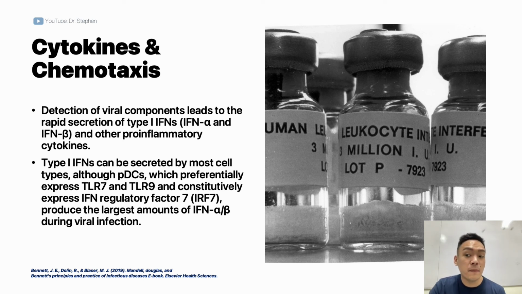Although best known for their potent ability to induce an antiviral state in both virally infected and bystander cells, type 1 IFNs also have roles in defending against bacteria and other pathogens.